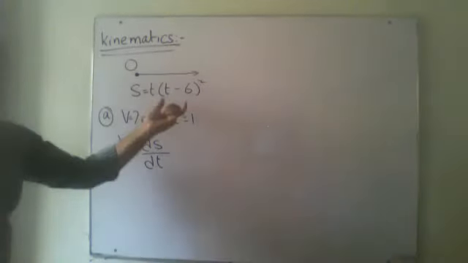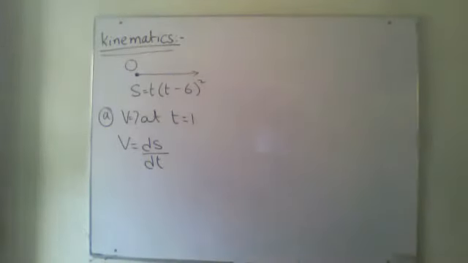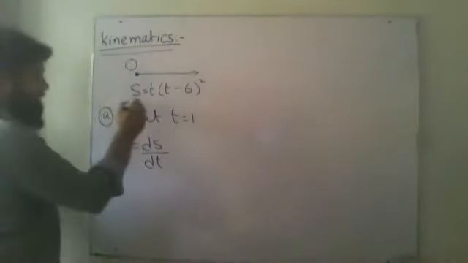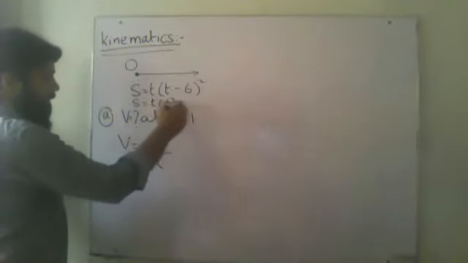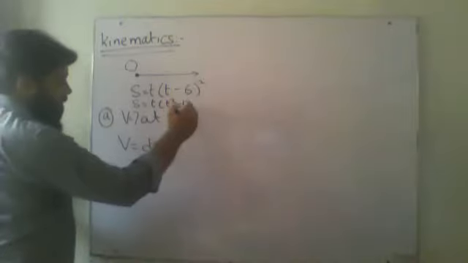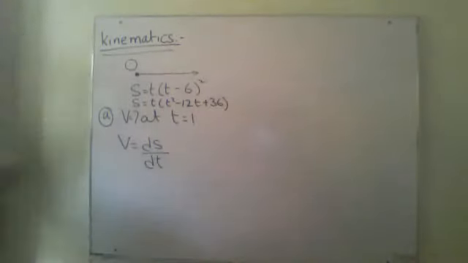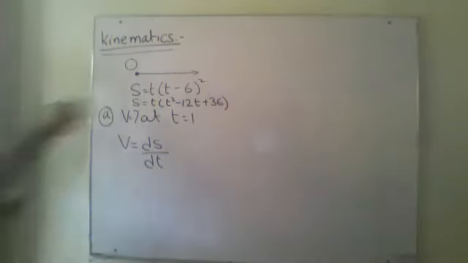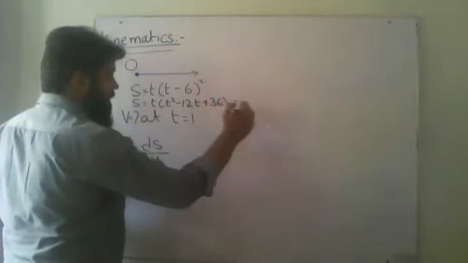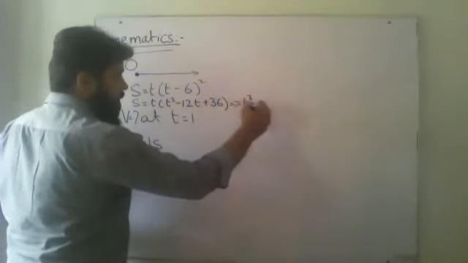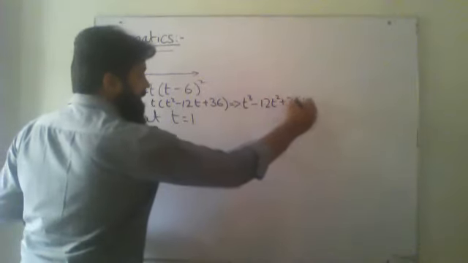I could do it directly also, but I want to simplify it to make it easier for me. So S equals t into (t square minus 12t plus 36).